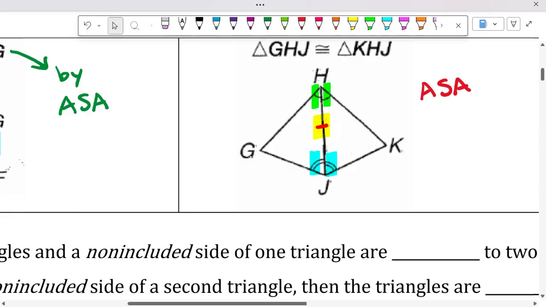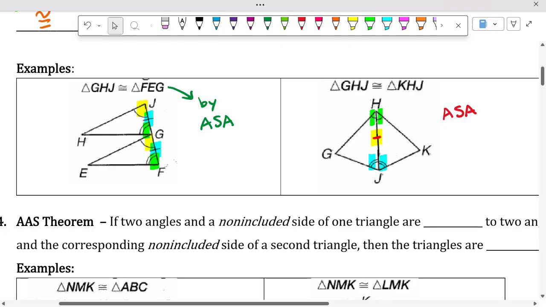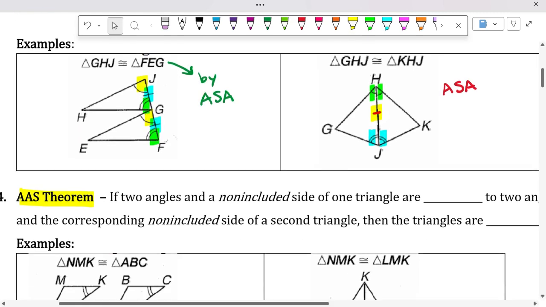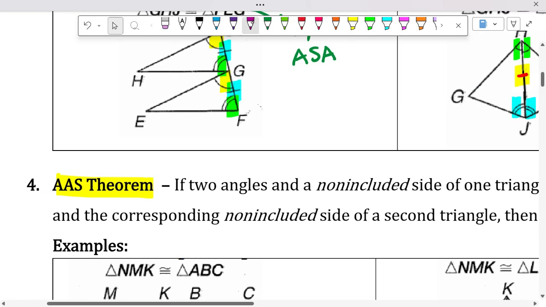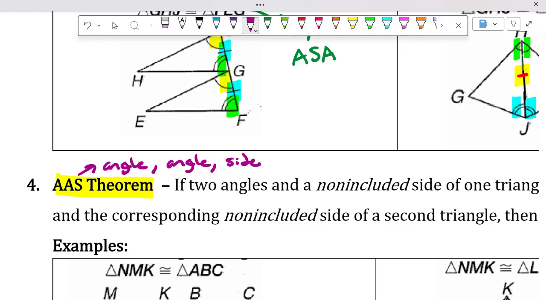Now, here's why I said it's really important you know that position of that side. Because we have a postulate that's ASA, so angle, side, angle. But then we have a postulate that's angle, angle, side. All right, and they are different. So AAS stands for angle, angle, side.